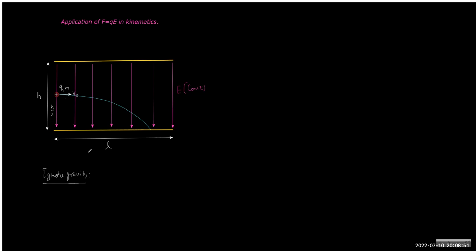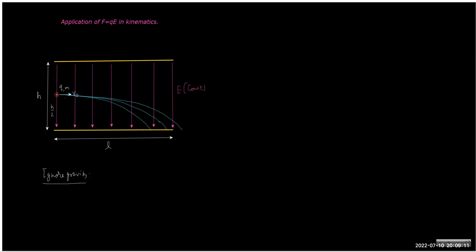What is the minimum velocity of projection to leave the capacitor? It should be thrown like this, maybe slightly more, just good enough to cross the plate.